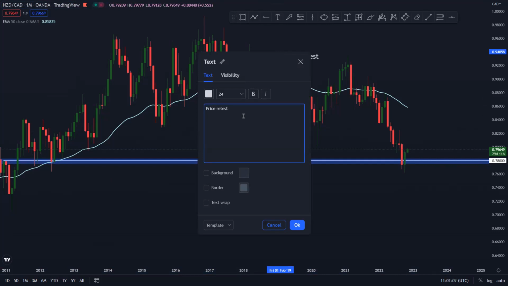We can clearly see price retesting monthly key levels, 0.78 thousand.